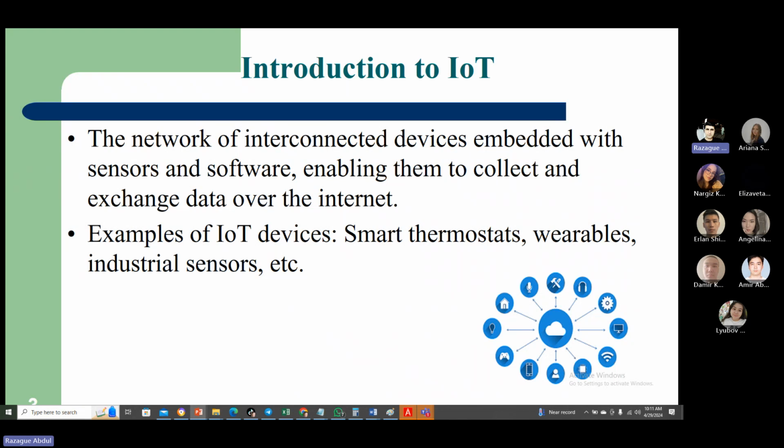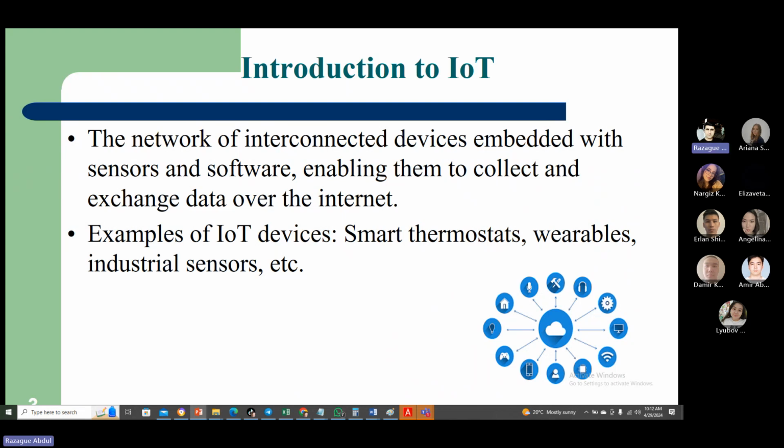So let me give you examples of IoT devices: smart thermostats that adjust temperature settings based on occupancy and weather conditions. Then we have wearable fitness trackers which monitor physical activity and health metrics, and industrial sensors that monitor equipment performance and environmental conditions in manufacturing facilities.